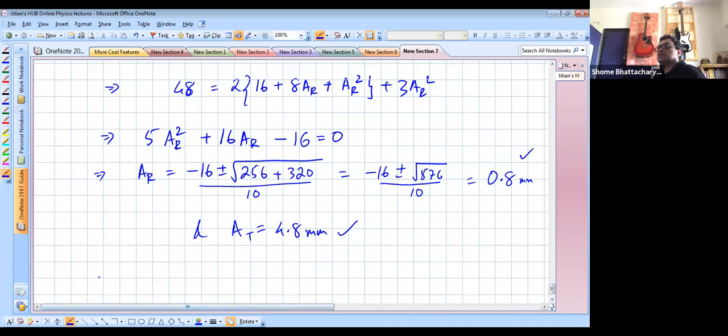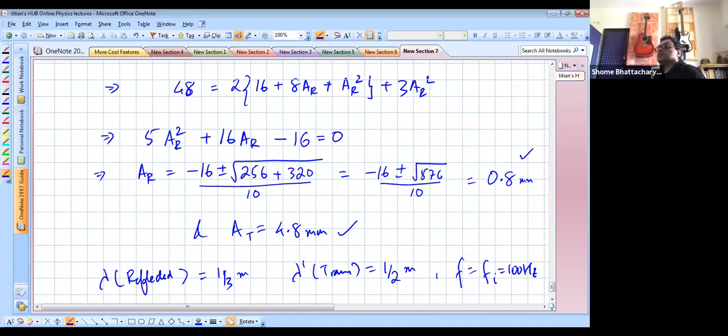The wavelength for the reflected was 1/3 of a meter. Wavelength for the transmitted was half a meter. Frequency of that was common for both, 100 hertz. So these become the solutions.